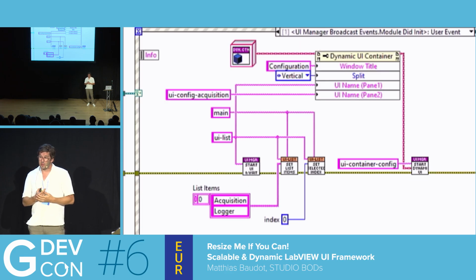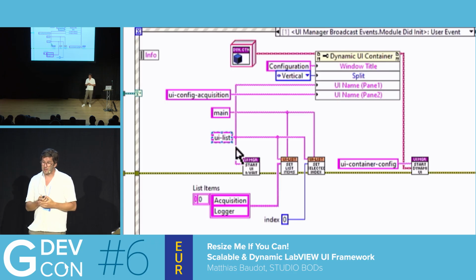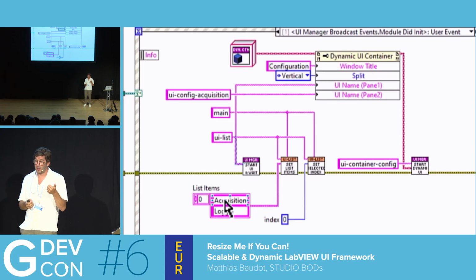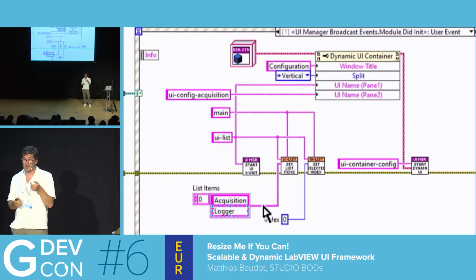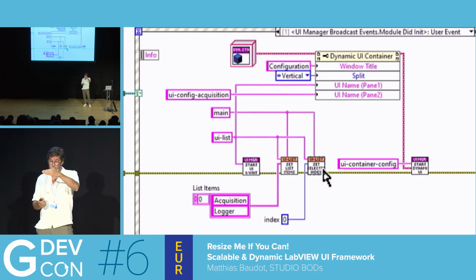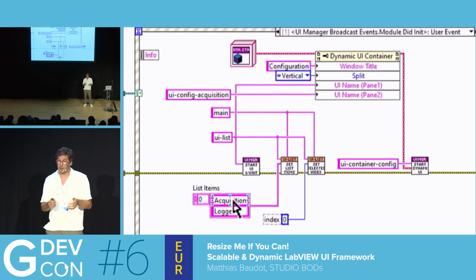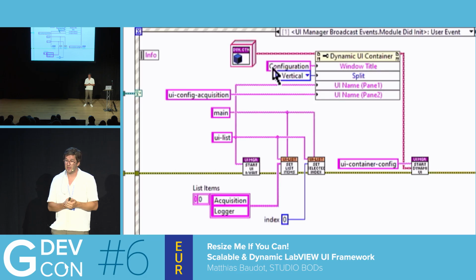When I receive the module did init event, I call the start UI and wait function of my UI framework and pass the name of the UI list. I start the UI list, call the request set list items, pass acquisition and logger, and set the selected index to 0. So I directly select the acquisition element.